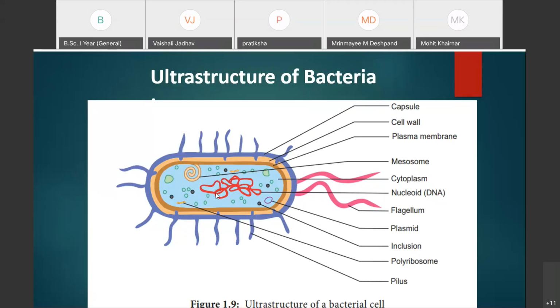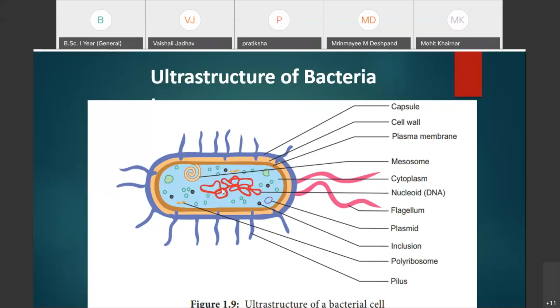Generally the double stranded DNA in the bacterial cell is called the bacterial chromosome. This bacterial chromosome cannot be compared with the chromosome of eukaryotic organisms, because there is a complete absence of histone proteins in the bacterial chromosome.